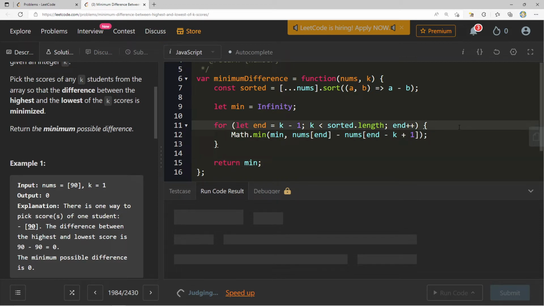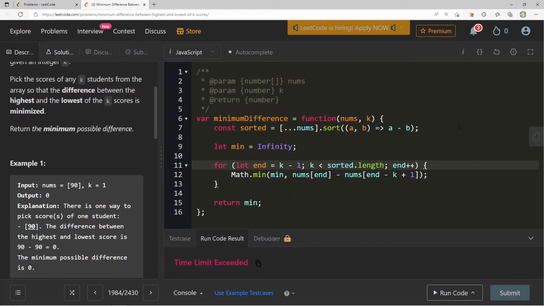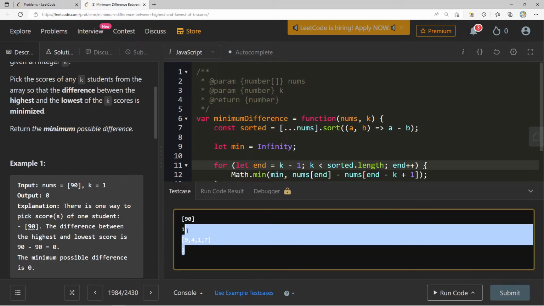Are we getting it? Is it time limit exceeded because of sorting, or because maybe I have an issue with my loop here? For let end, k less than sorted dot length, n plus plus. Okay.